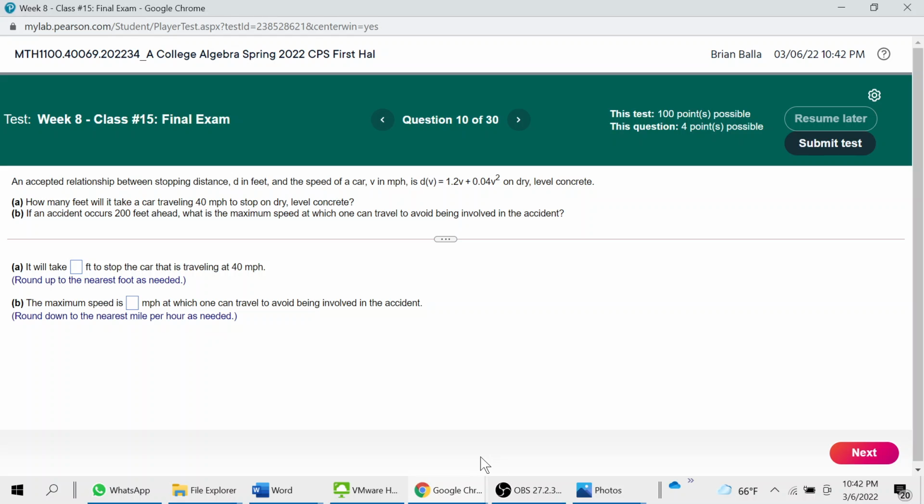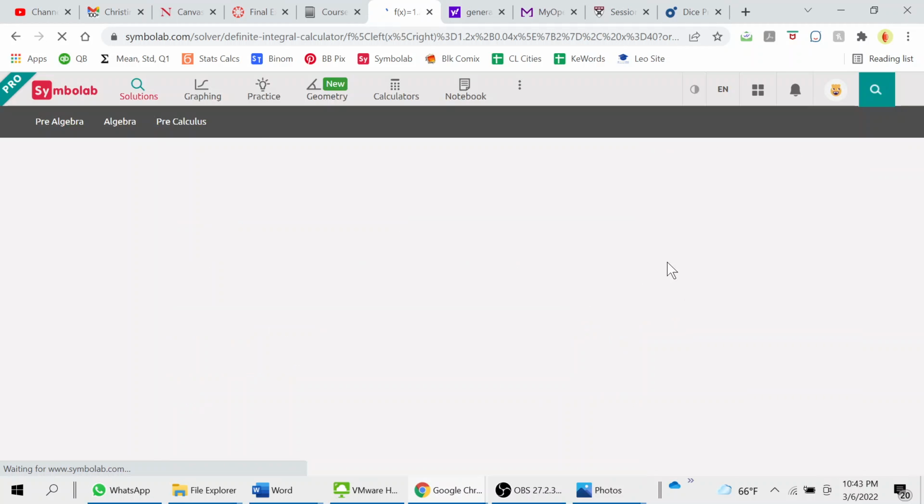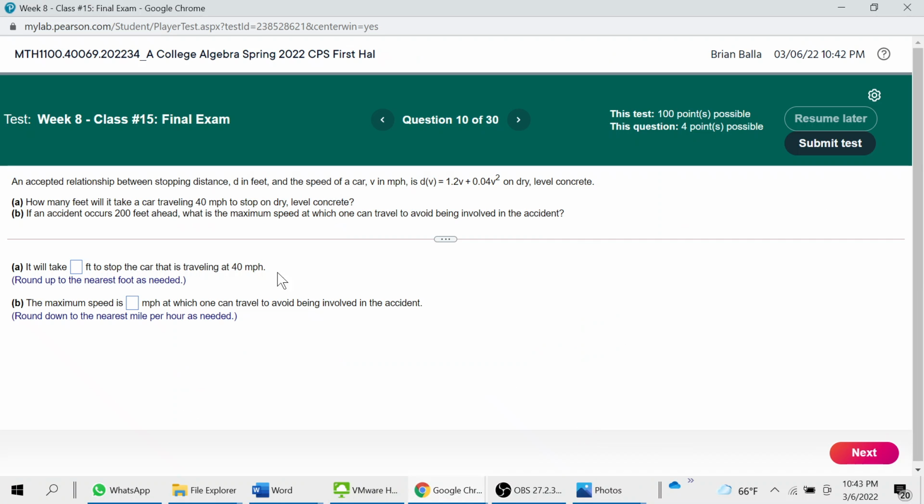How many feet does it take a 40 miles per hour car to stop on dry level concrete? So x equals 40. 112, according to this.